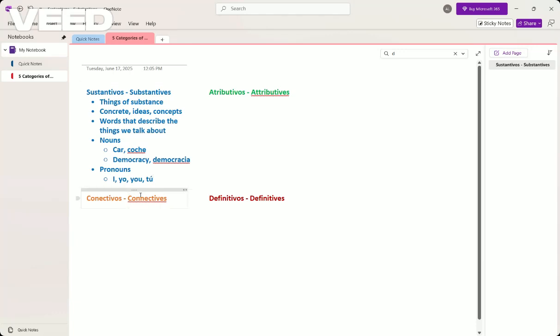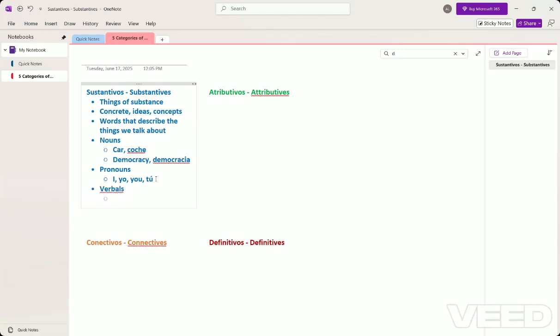There's actually one more that's not quite as obvious. So in Spanish, we use what we call infinitives. These are a type of word called verbals. So infinitivo or infinitive. An example of that would be to swim or nadar es divertido. To swim is fun.